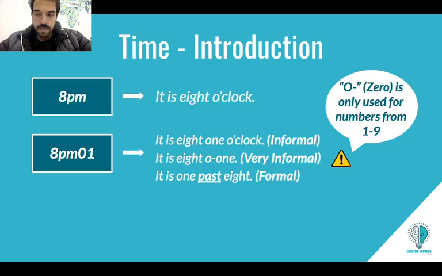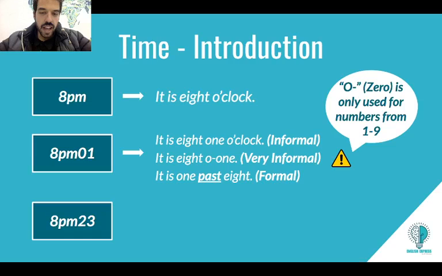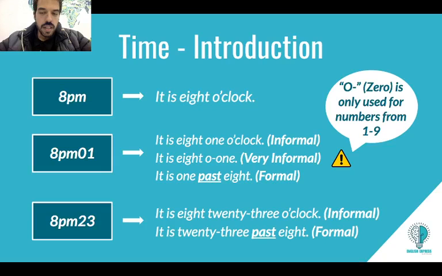Amazing! Moving on. We have our next example over there. In this case, 8:23 p.m., right? So, let's talk about it. This one, we can only talk in two formats. The first one, the informal way, it is 8:23 o'clock. So in this case, it's very common, very simple, right?